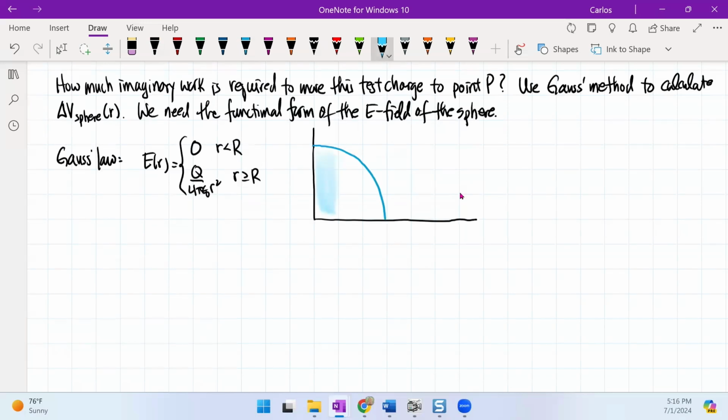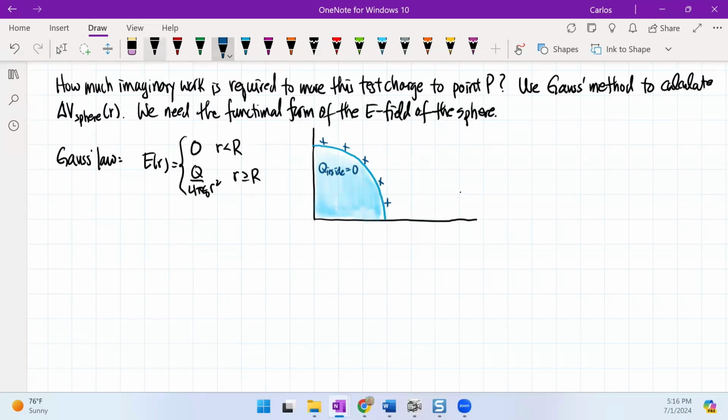Now, what we know here is that if I have a solid conductor, all of the charges are on the outside. So in other words, there's no charge in the inside. So Q inside is equal to 0.